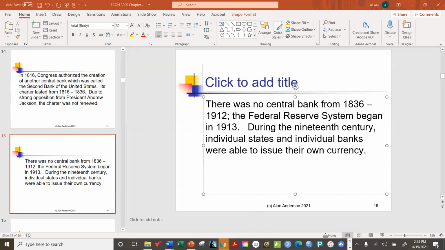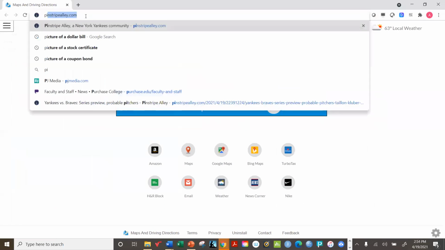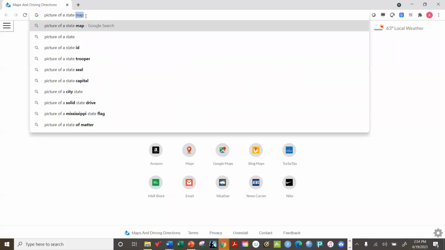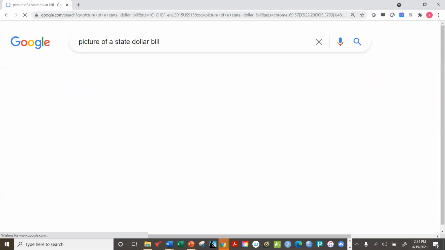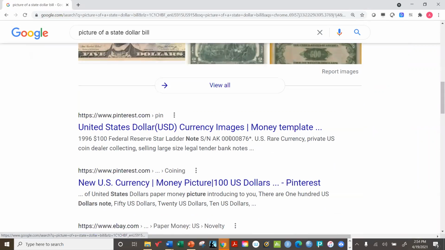In fact, if we look around, we might be able to find a picture.